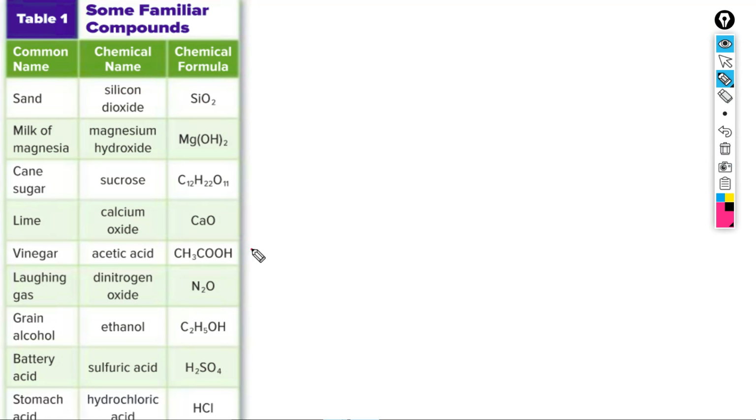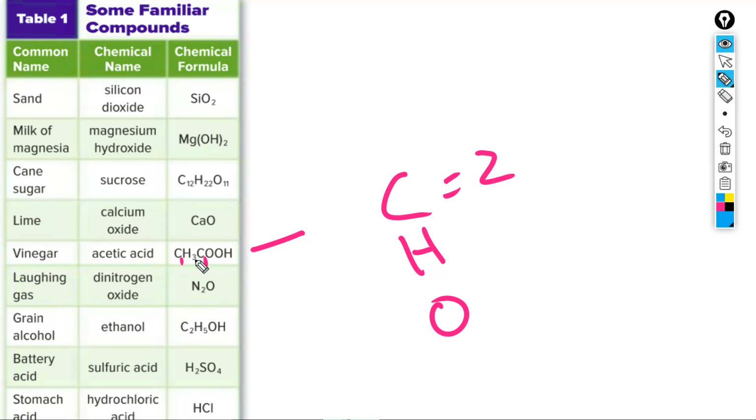This one here is a little tricky, this acetic acid. If we look carefully, even though there's a bunch of letters, there's only 3 elements in this whole compound: C, H, and O. So we're going to combine them all together. We've got one C and one C, so that's 2. We've got, in a different color, 3 H's and 1 H there. So 3 plus 1 is 4.